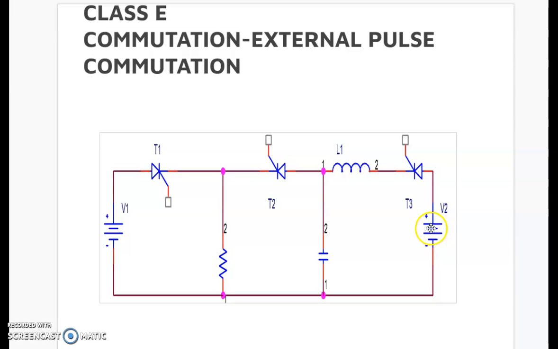First the current starts flowing via T1 when a gate pulse is given to the first thyristor. It will flow from T1, then through the load and go back to the negative end. When we want to stop T1, the voltage 2 charges the capacitor.